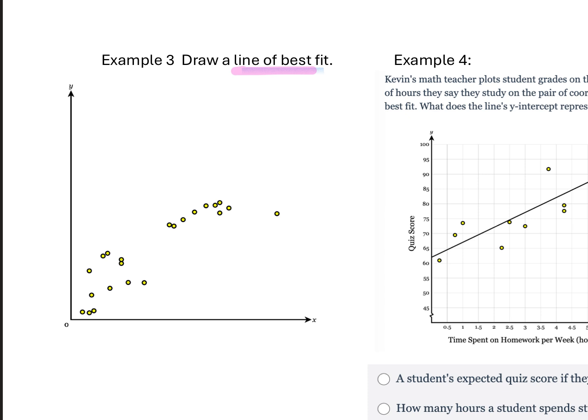The best way to do that is to make a little circle around the data and then draw a line that goes right through the middle. So this is an example of a line of best fit because it goes right through the middle of the data. You've got about the same number of coordinates on either side of it.